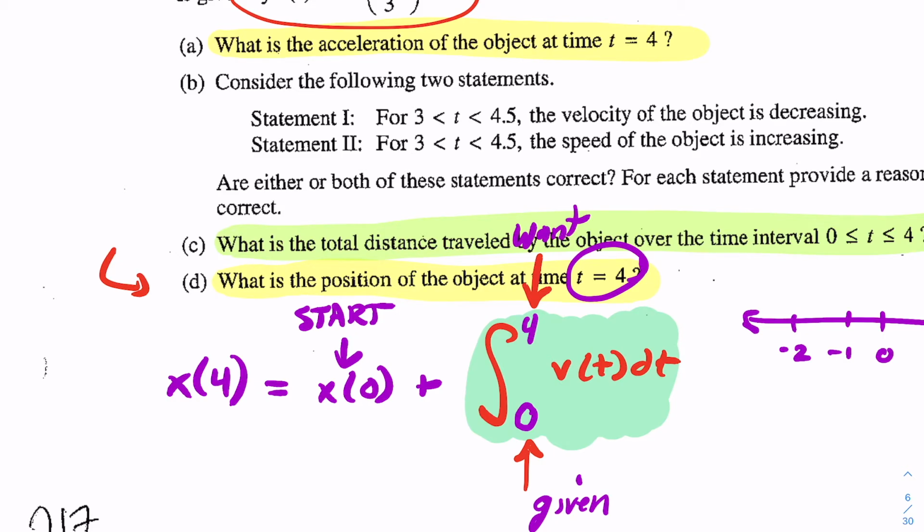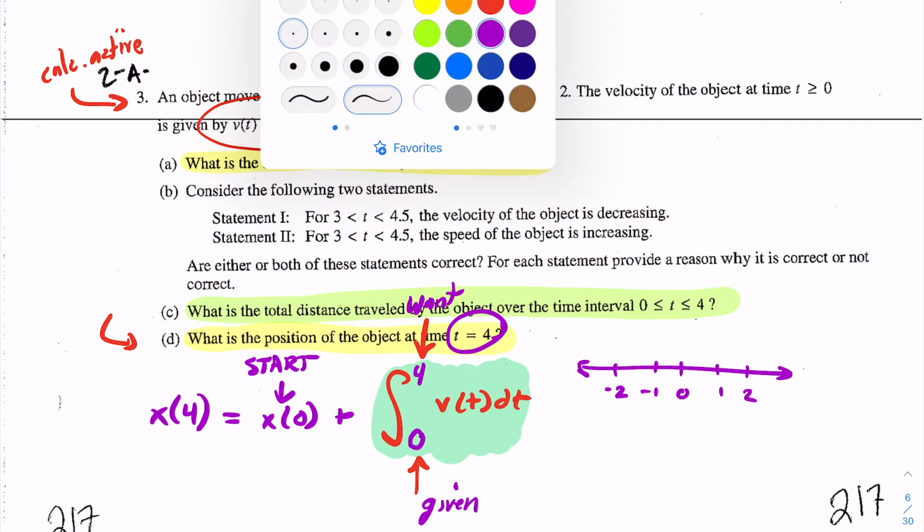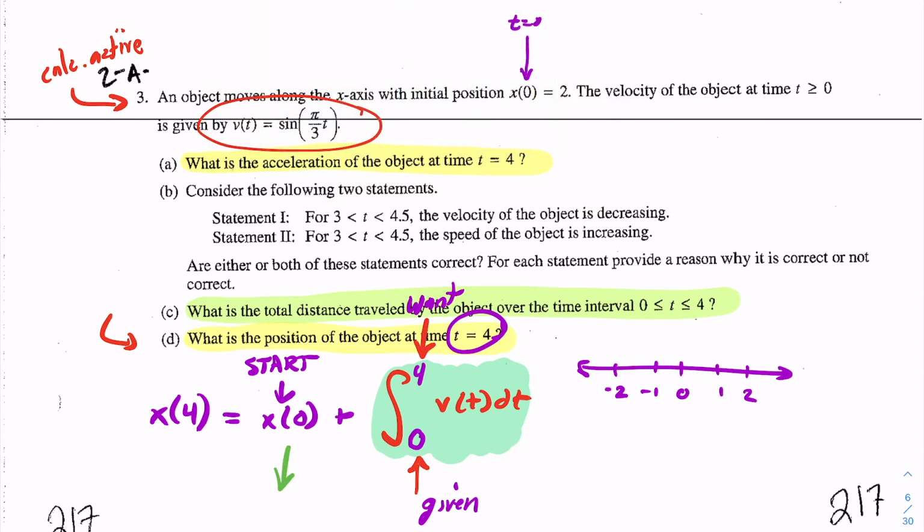This one becomes a quick plug and chug because x of 0 is really just 2 from up here. And that highlighted part, you could just plug and chug into your calculator. You can go math 9 from 0 to 4 of y1 dx, assuming that you put it into y1 there. And then you get your answer.